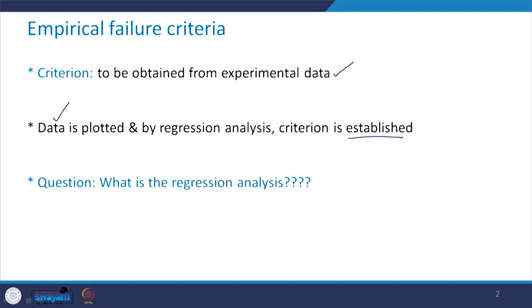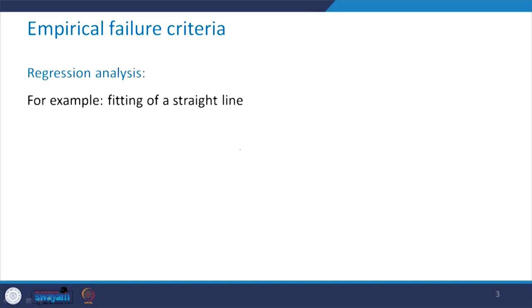The question in front of us is, what is this regression analysis? Let us look at a simple example of fitting a straight line between y and x with the help of some experimental data.